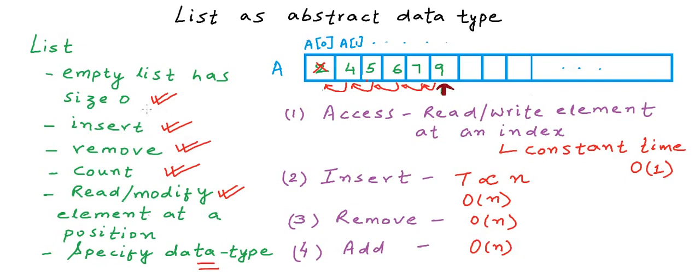So prima facie, what looks like the good thing with this kind of implementation? Well, the good thing is that we can access elements at any index in constant time, which is the property of the array. But if we have to insert some element in between, or remove an element from the list, then it is costly.